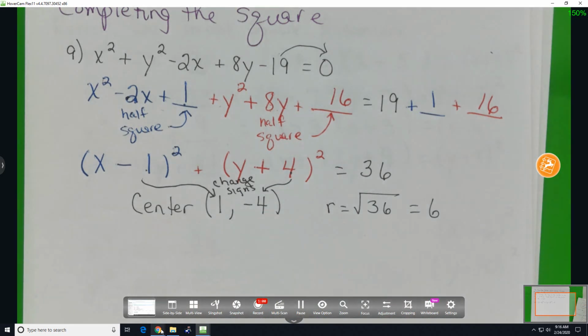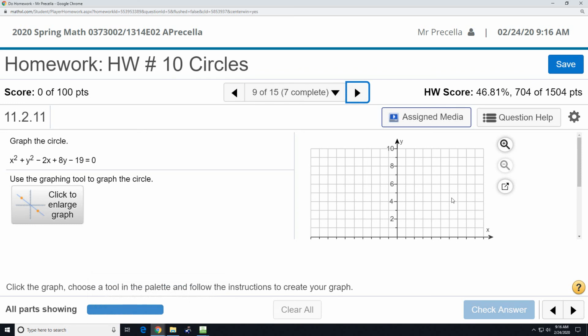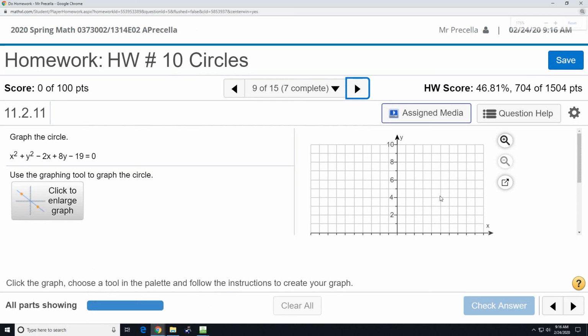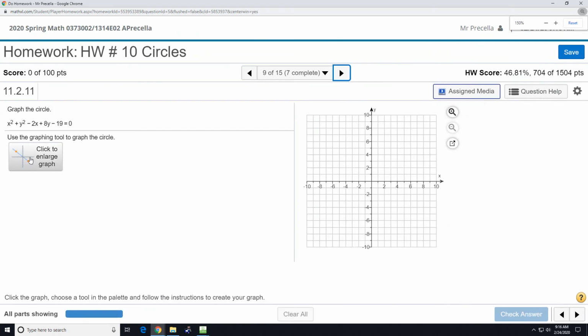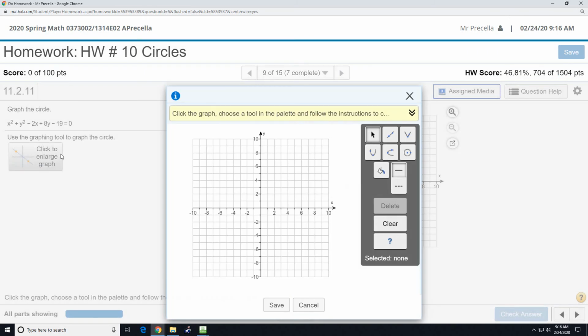Now I have enough information to graph the circle over here. Click to enlarge. I click circle. And what was that center? 1, -4. Oh, good. Each mark is 1 unit. I like that better. Right 1, down 4.